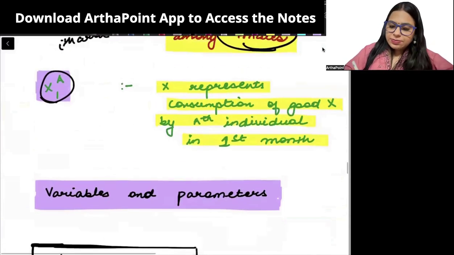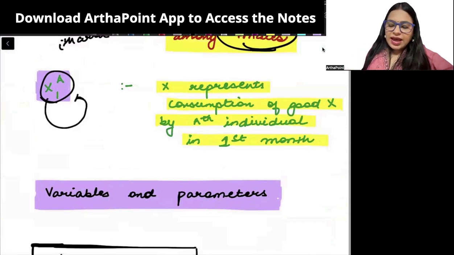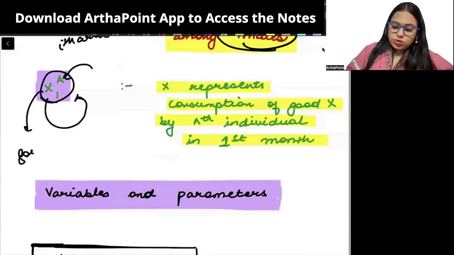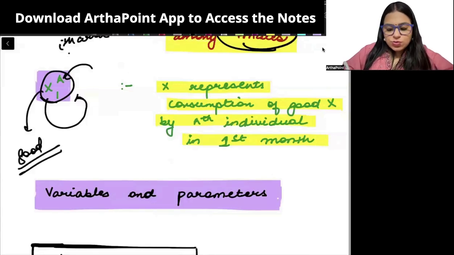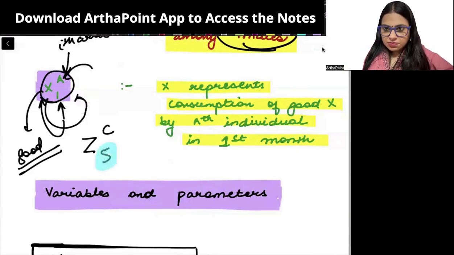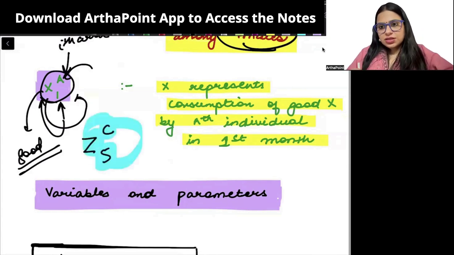So 1 represents the month and A represents the individual and X represents the good. तो इंडिविजुअल A का फर्स्ट मंथ में गुड X का डिमांड कितना। So if I say Z_5^C, it will mean that फिफ्थ मंथ में इंडिविजुअल C का गुड Z का डिमांड कितना। So I am creating two levels of categorization.